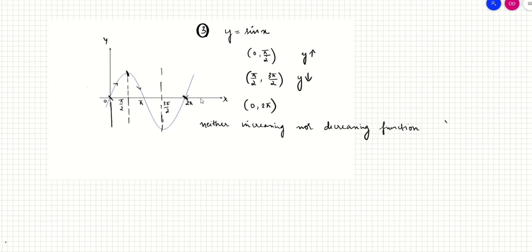Now, in all the three examples that we took, we knew what the graph of the function would look like. And looking at the graph, it was very easy for us to tell whether the function was increasing or decreasing or neither increasing nor decreasing.